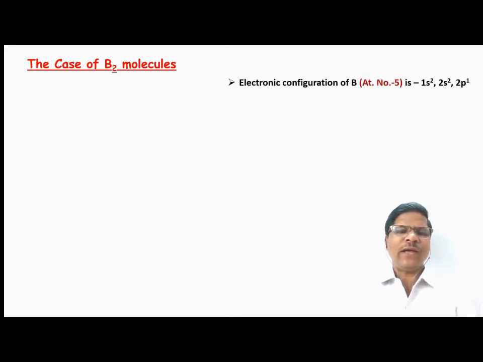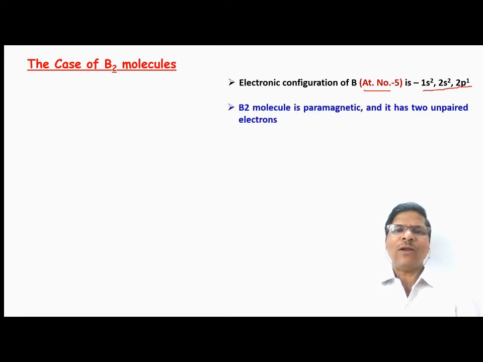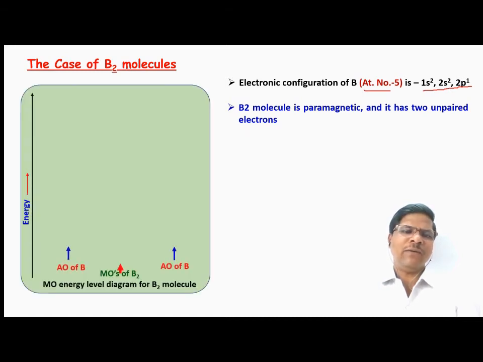The atomic number of boron is 5, so the electronic configuration is 1s2, 2s2, 2p1. The 1s orbital will not take part in the bonding. Already we know the B2 molecule is paramagnetic in nature and contains 2 unpaired electrons. This is detected experimentally.